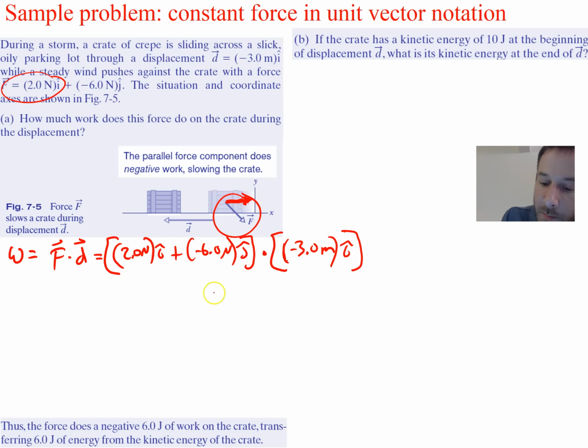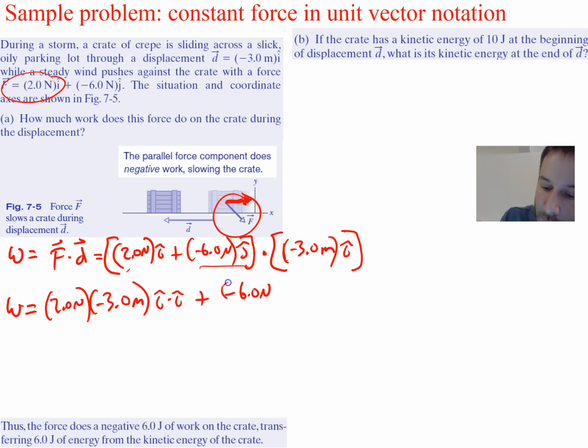When you do that, your work is 2.0 newtons times negative 3.0 meters, and then you're going to have I times I, because those are there too, so I dotted with I. Then you add negative 6.0 newtons times negative 3 meters. And then for this term, you have I dot j.